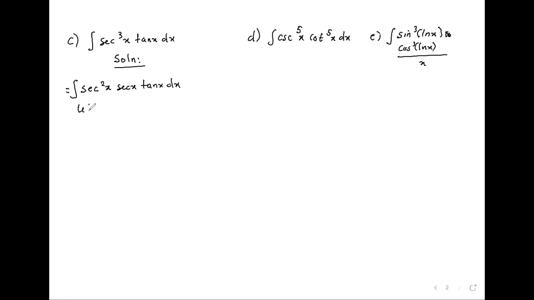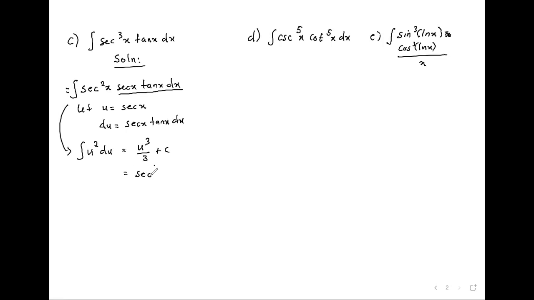Because we know that if we let u be sec x, its derivative is going to be sec x tan x dx. So we can do a substitution here. We'll have u squared, then this whole part becomes du, which is just u^3 over 3 plus c. So we have sec^3 x over 3 plus c. A bit easy there.